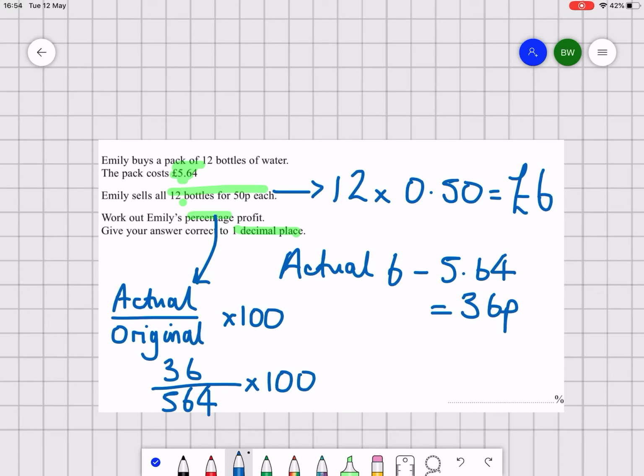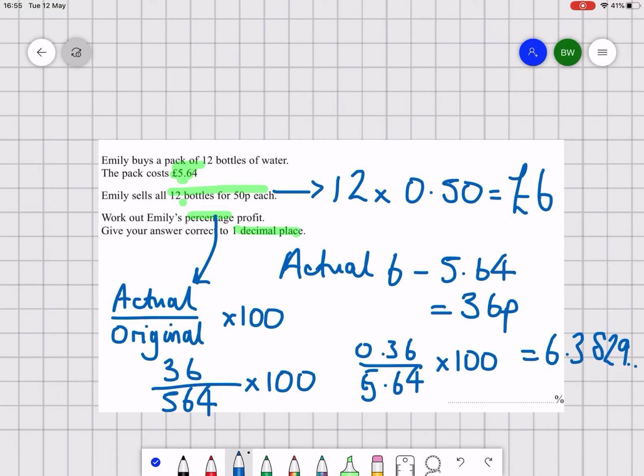Or I could do 0.36 over 5.64 times by 100 as well. So 36 out of 564 times by 100 is 6.3829, etc. But I want it to one decimal place, so it's 6.4%.